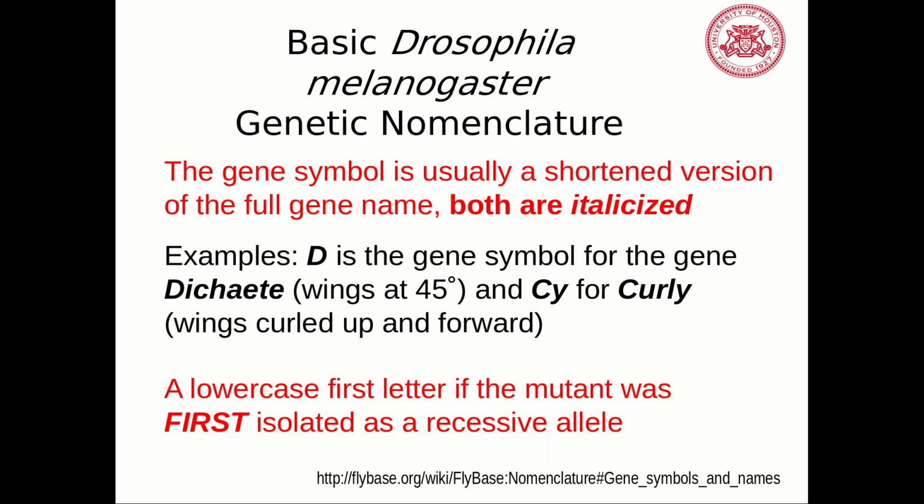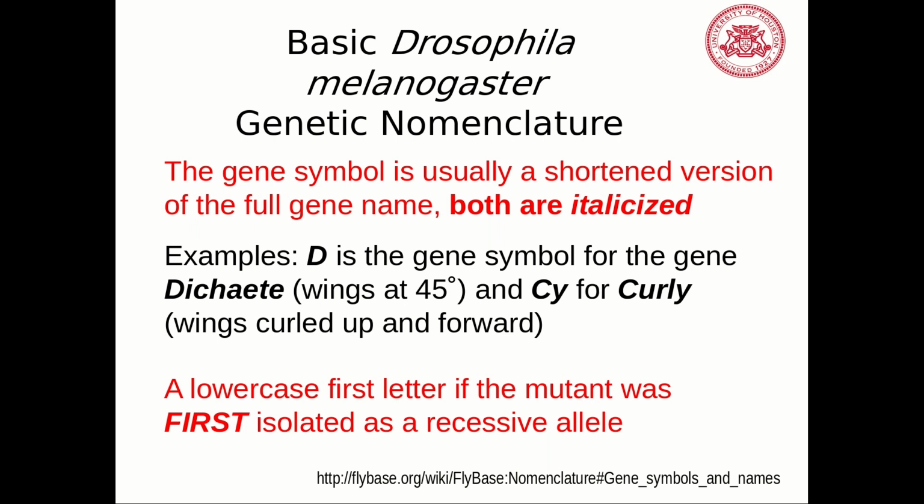So realize the letter or letters you use is the shortened version. The first letter is capitalized. If there's only one letter, of course, it's capitalized. And you have to italicize it. So if you don't do that, you can get counted off. Do I catch all of them in your papers? No, but if you do it regularly, I'm catching it for sure, and you'll get points taken off.